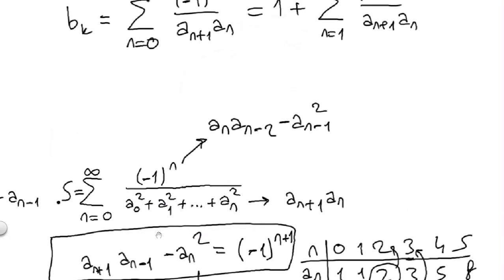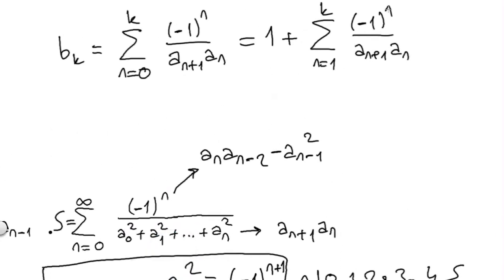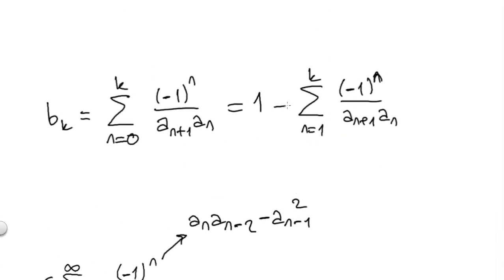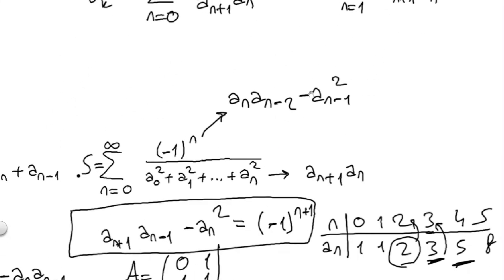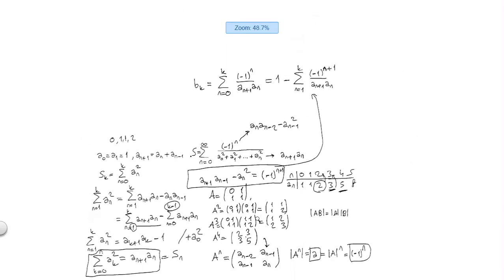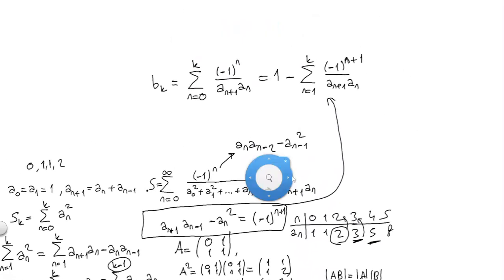But now here I have minus 1 to the n. So what I can do is make this a minus and make this n plus 1. And now I can substitute this thing here. So I will take this and put it here. Let's make it a bit bigger.